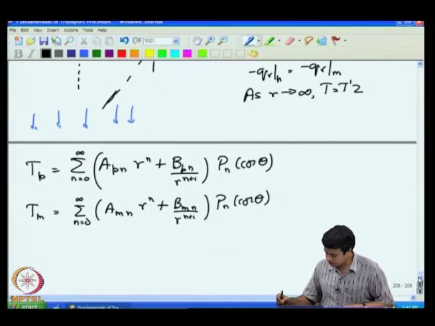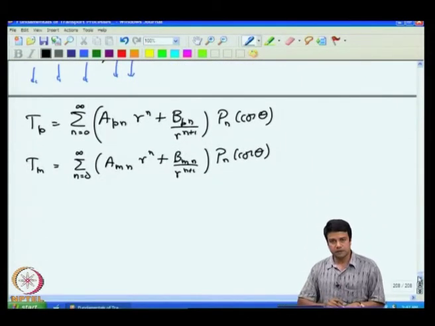The coefficients A and B for the particle and the matrix have to be determined from the boundary conditions.